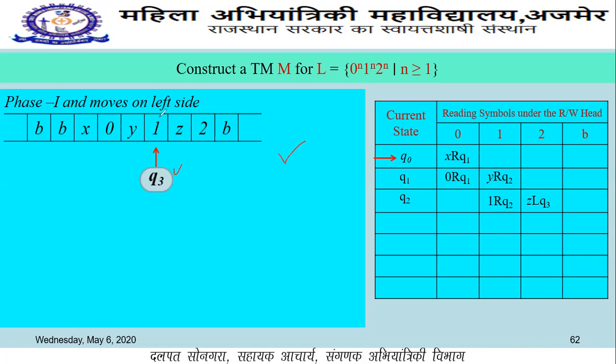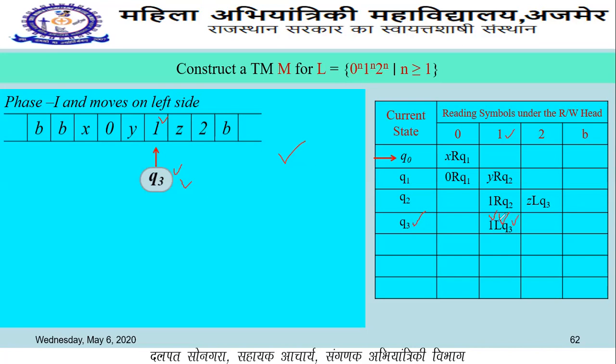Here we are reading 1 at q3, so we take a left turn without changing this 1. For that we have to write a transition function. Whenever we are at q3 and we are reading 1, then 1 is replaced by 1, taking a left turn, without changing the state q3.